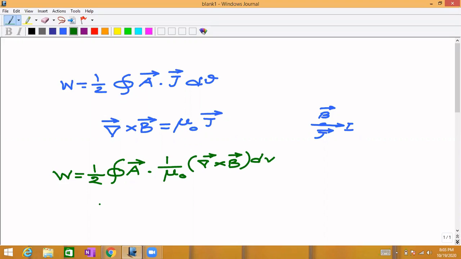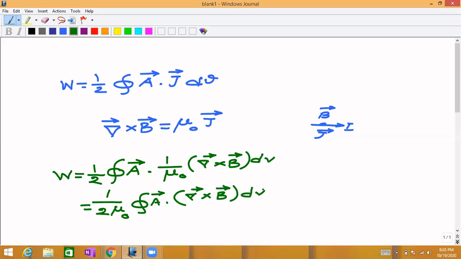Or it is 1 divided by twice mu naught, closed integration A vector dot curl of B vector dV.